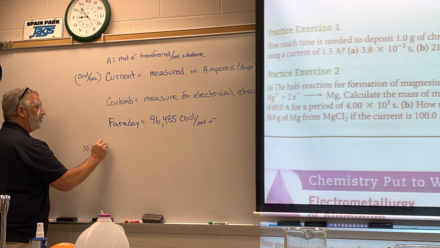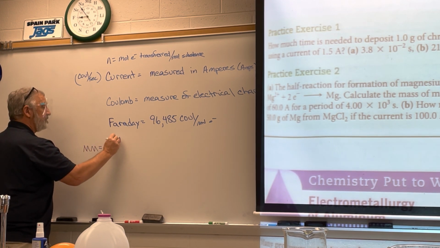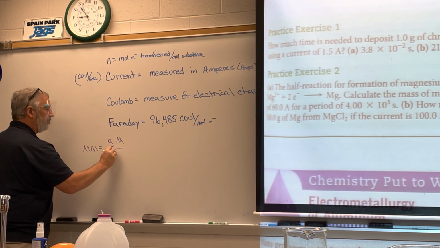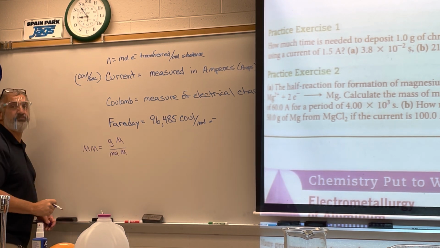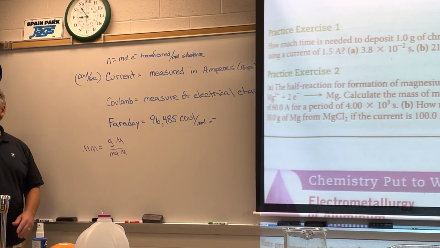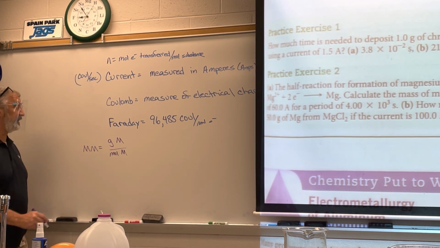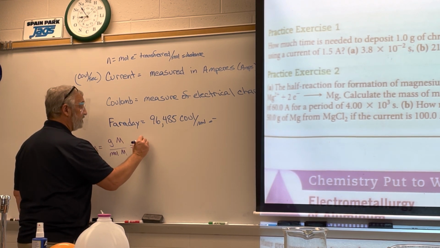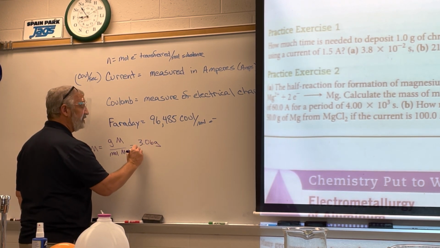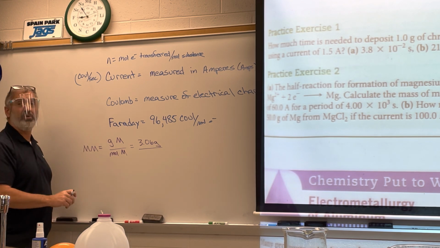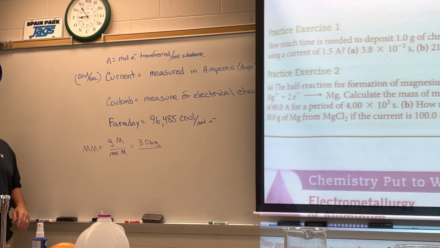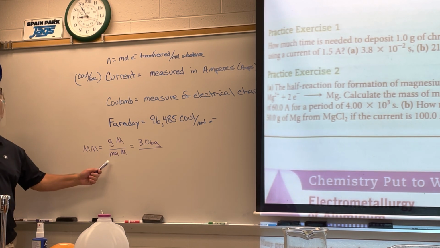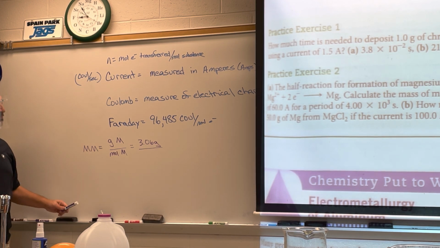And we know that's going to be grams of M divided by moles of M. Do we know either one of those from the problem? We know grams, right? We have 3.06 grams were deposited. We just need to know how many moles of M there were. So see if you can figure out how to get moles of M from all that given information in the problem.